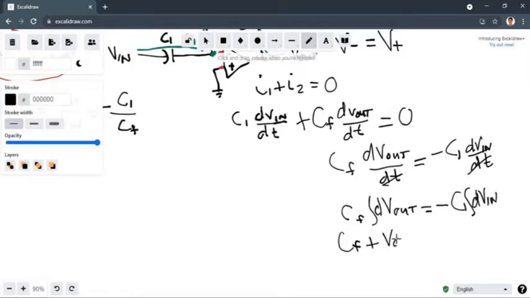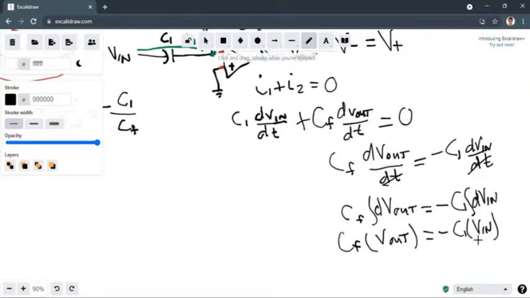So CF times V out is equal to negative C1 V in. Since this is an integral process, there should be a constant, a plus C at the end. But since this is an ideal op-amp, we can ignore the constant C for now.